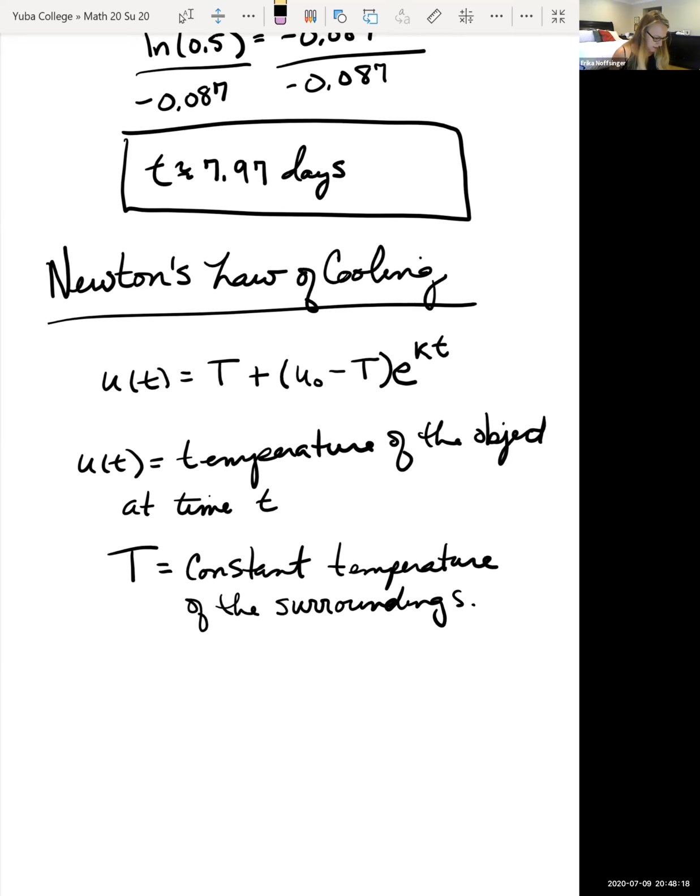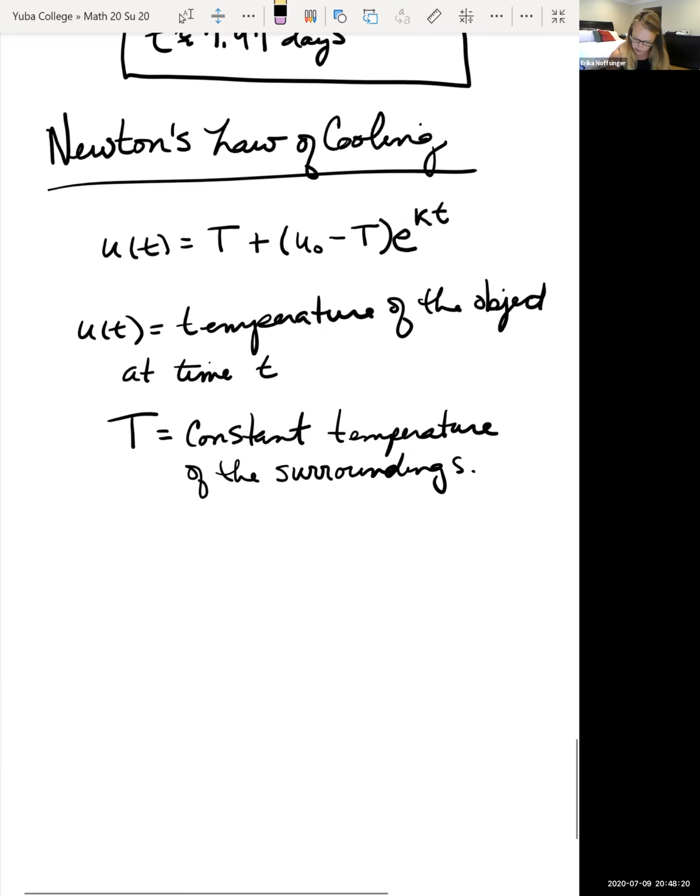U sub 0 is the initial temperature of your object.